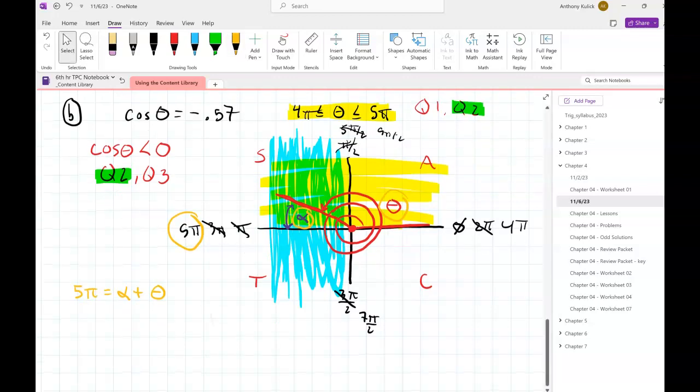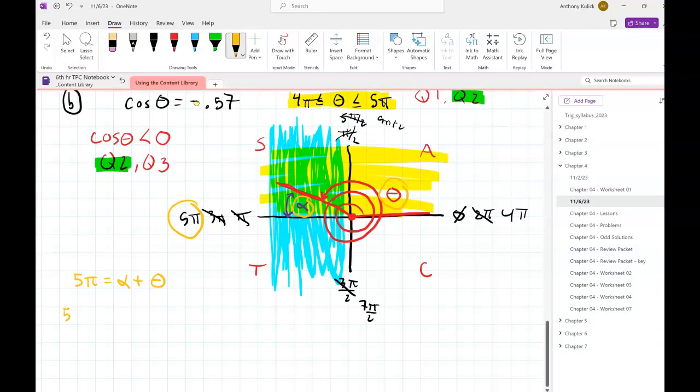So to get theta by itself, I'm just going to subtract alpha from both sides. And again, in this case, alpha is going to equal the cosine inverse of the absolute value of 0.57. So that's what I'm going to type into my calculator: 5 pi minus cosine inverse of the absolute value of 0.57.